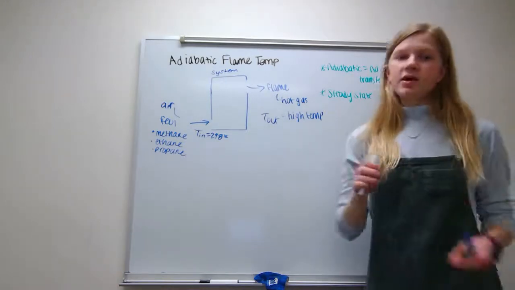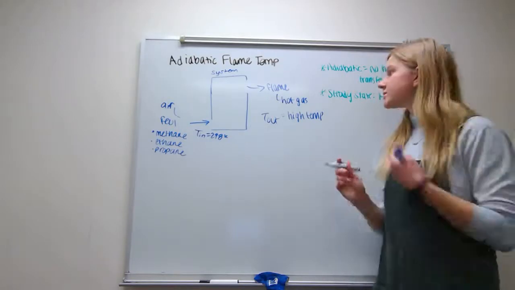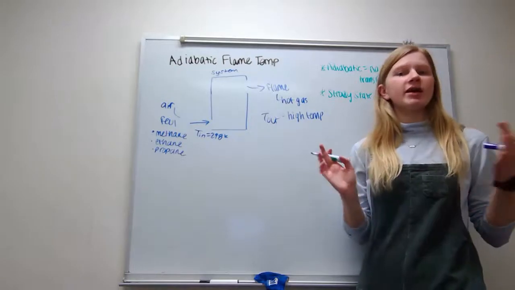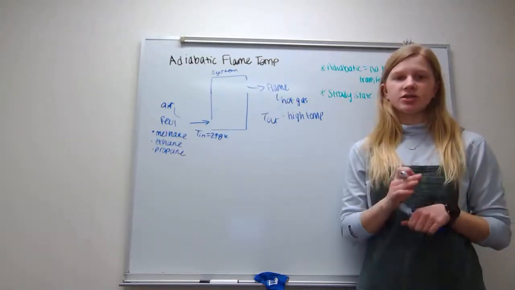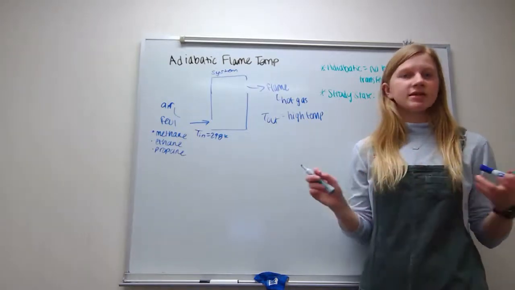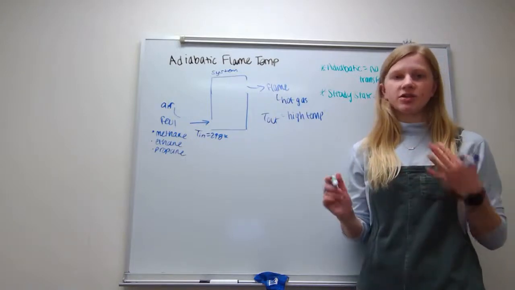Okay? So now that we have this all set up, we want to perform an energy balance on the system. As you remember our energy balance equation from before, it had kinetic energy, potential energy, enthalpy, change in mass, change in time. All of those are going to end up canceling because it is adiabatic and steady state, so nothing is changing over time.